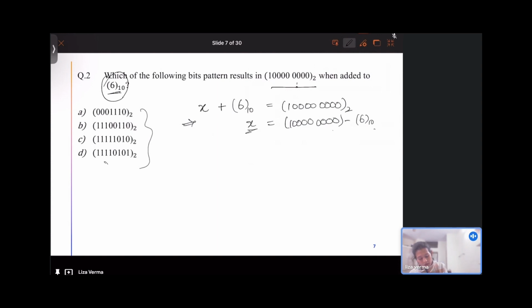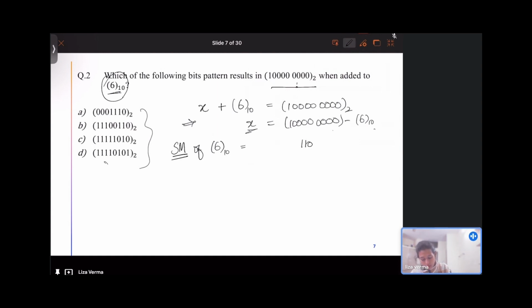So let's write 6 as binary, and since we want to subtract it from this number and this number is represented by 9 bits, we'll have to represent 6 also in 9 bits, minus 6 in 9 bits. So the signed magnitude representation of 6 in base 10 will be, first of all, 6 is 1 1 0, right?